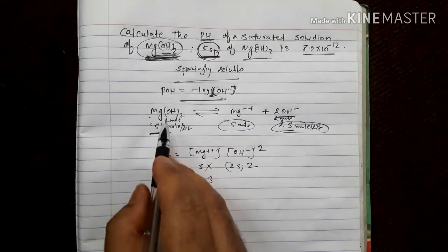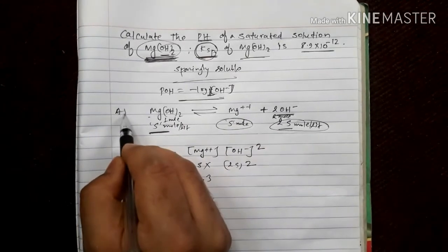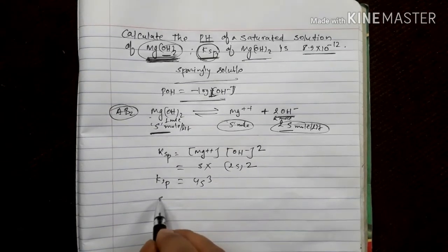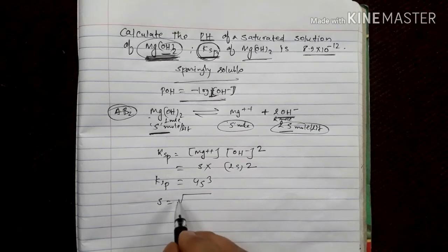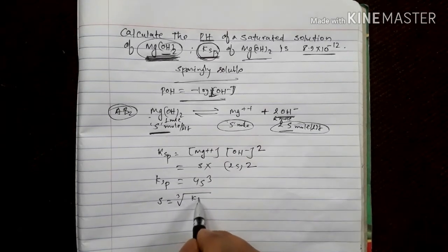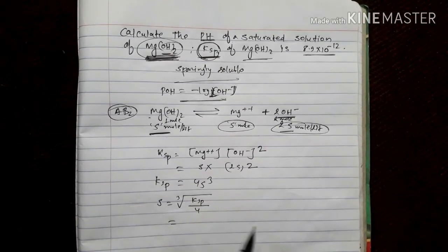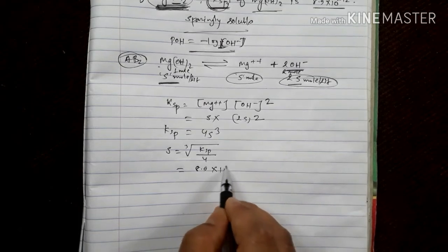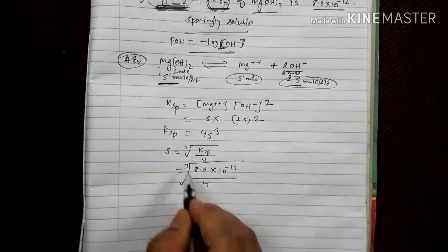This is the type of AB2 salt. In this case, you can directly find the solubility by the relation: cubic root of Ksp by 4. The Ksp is given, 8.9 into 10 to the minus 12, divided by 4, cubic root.